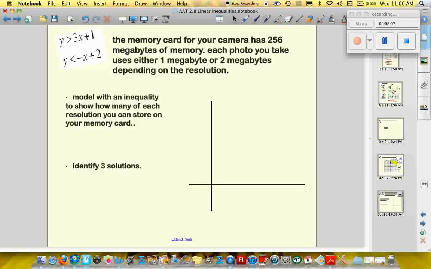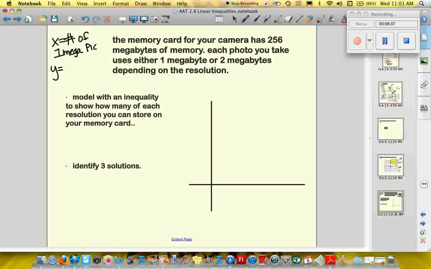So we need to decide on some variables. So how about I use x and y, just to make life easy. X could be number of 1 megabyte pictures, and y could be number of 2 megabyte pictures.